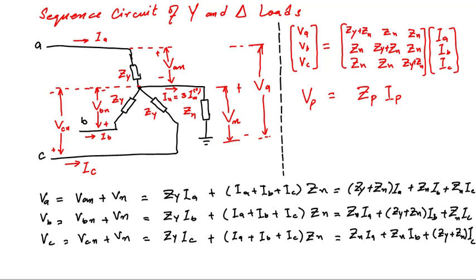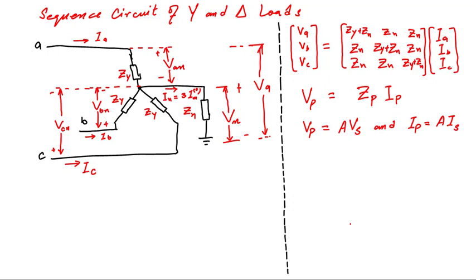To do that, let's write this VP phasor voltage and IP phasor current in terms of their sequence components. We know that phasor voltage is equal to A times the sequence voltage vector, VS stands for sequence voltage vector. Similarly, phasor current is equal to the coefficient matrix A multiplied by the current sequence vector.